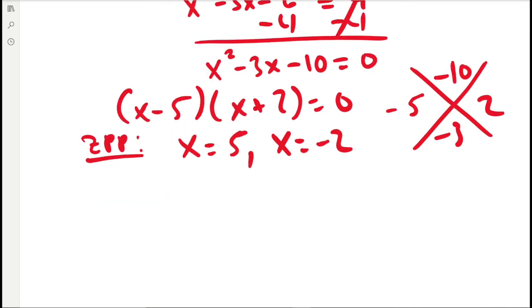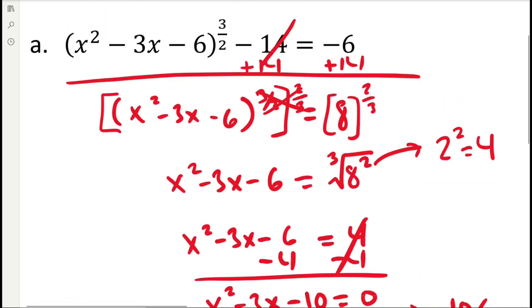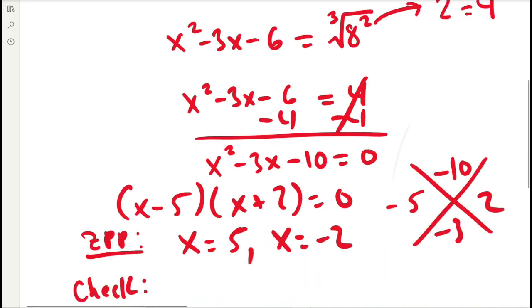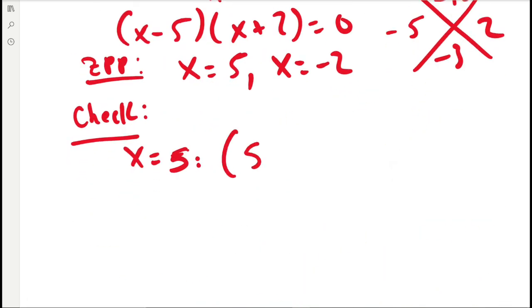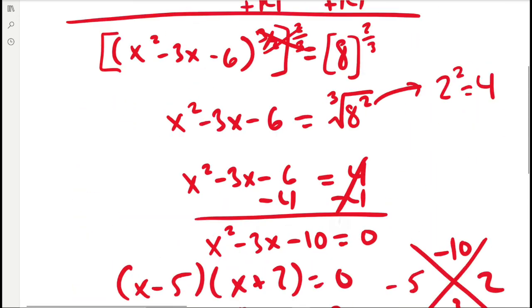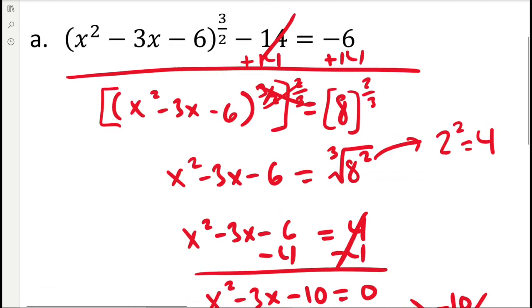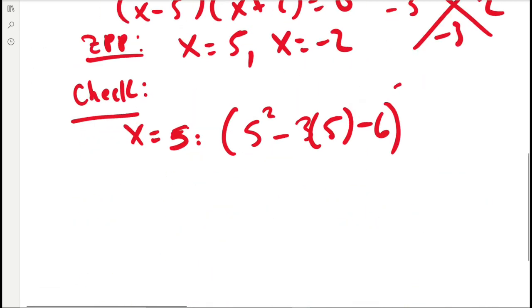We can go ahead and check our solutions. Let's do x equals 5 first. So we get x squared minus 3x minus 6 raised to the 3 halves minus 14 equals negative 6.